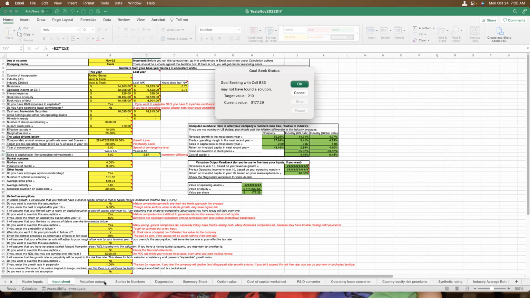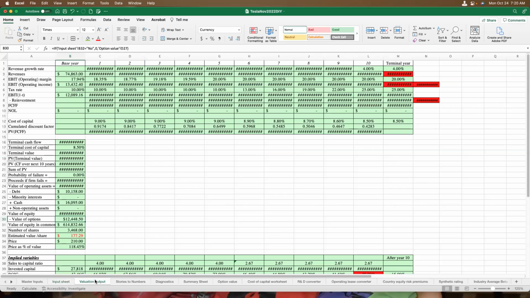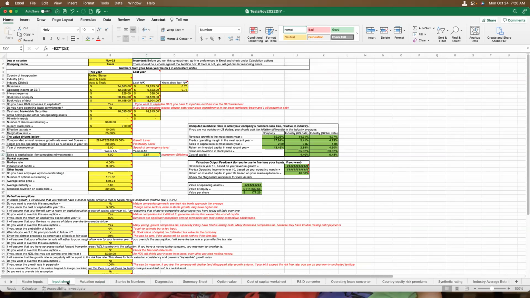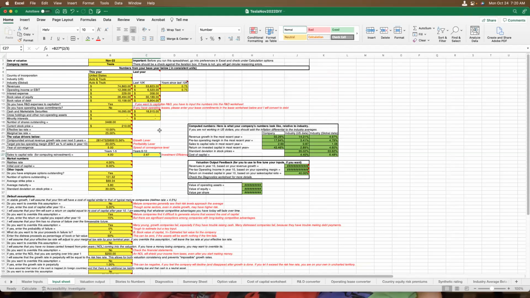Okay, let's go back and look at the output because it's a good thing. I didn't expect this to happen. So maybe let's see what's going on with the valuation. Of course, everything's gone crazy. I am not getting the input cell working. So something is off. Let's try margins.